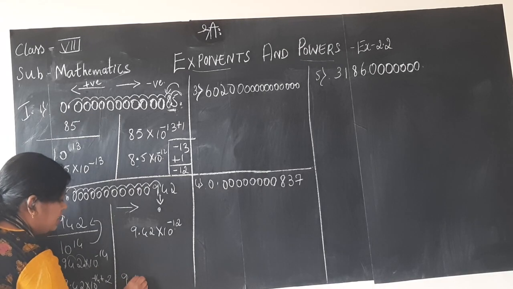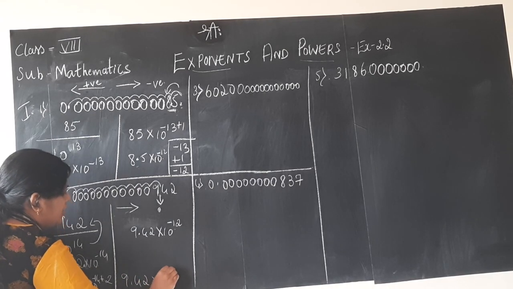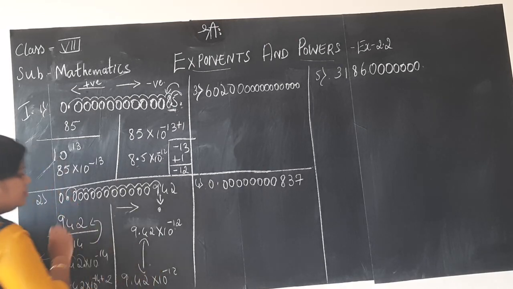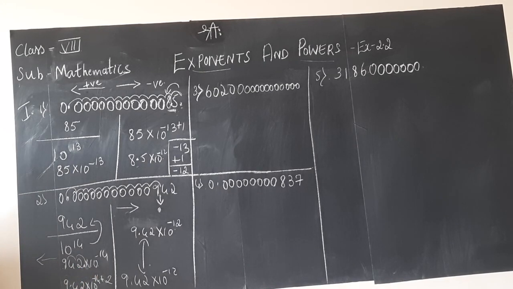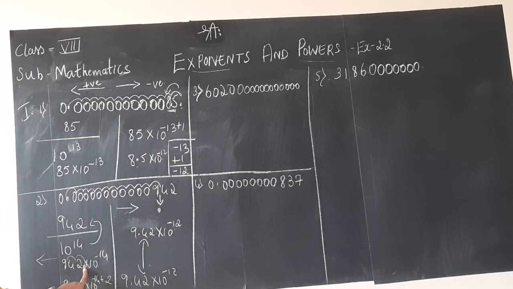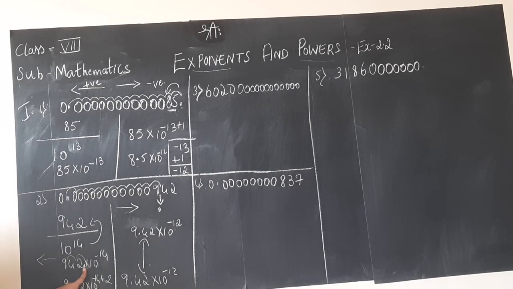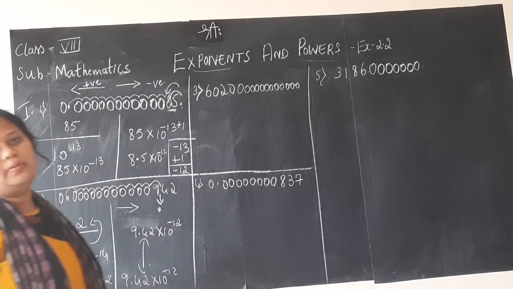It is simply minus 12. Didn't we get the same answer? This way you should learn. Already you have this form. If they directly tell you to make it 9.42, you should not worry about where the decimal point is to shift. For such numbers, always assume it as a fact: the decimal point is at the end, children. Like this, we should solve all the problems.